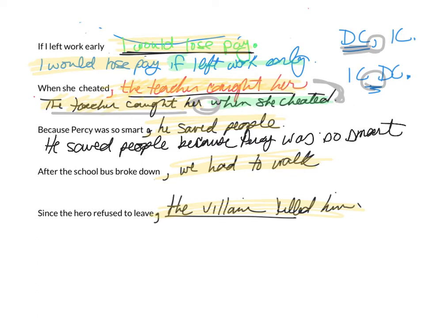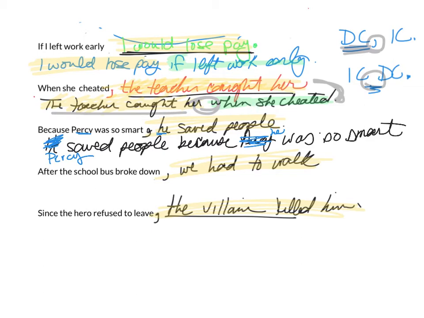You always use the full noun the first time you mention it. So here, the first time we mention him is there, and then we can go into he. So really, technically, it should be Percy saved people because he was so smart. Although I'll give you full credit if you left the pronoun where it was.